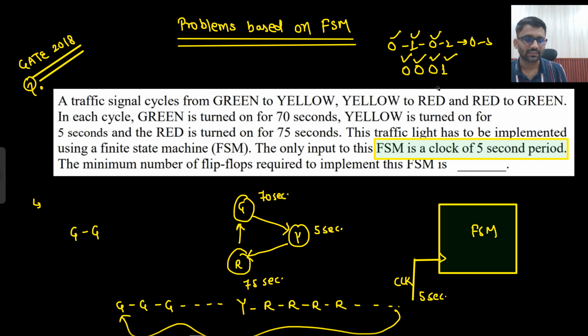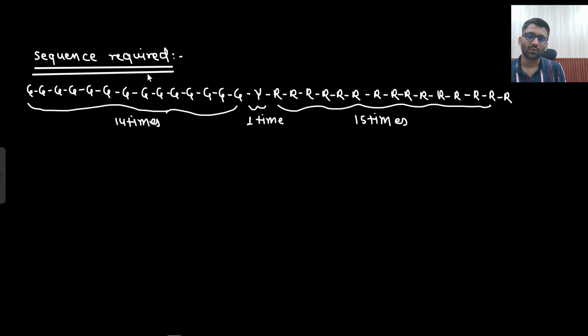So now what is our task? Our task is just to design this. So what is the sequence required? Green, green, green, then yellow, red, red, red. Now why have I written 14 times here? Because green is there for 70 seconds, yellow is there for 5 seconds, and red is there for 75 seconds.